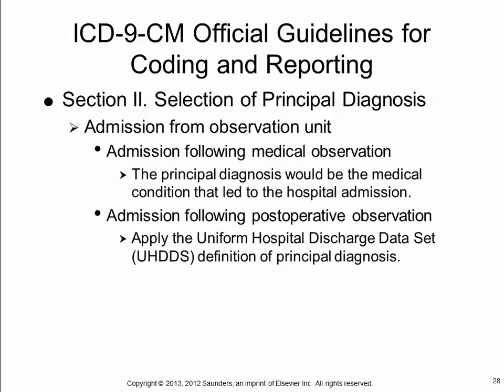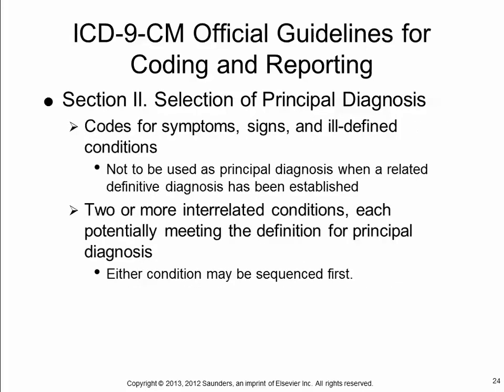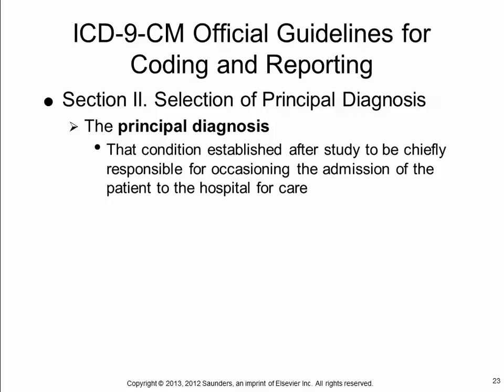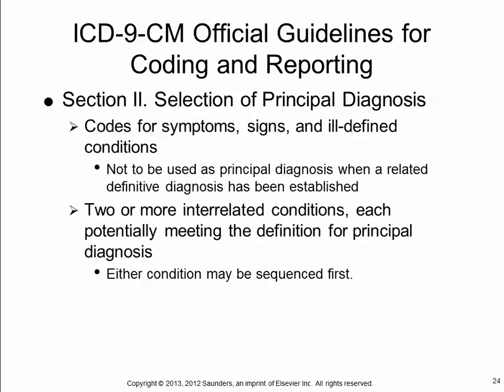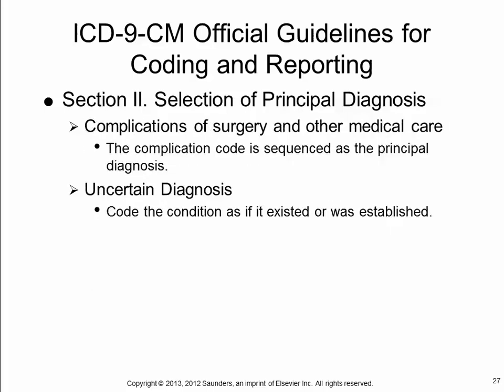So you go in for outpatient surgery, and they keep you for post-operative observation, and they decide to admit you, then we revert back to what? The condition established after study to be chiefly responsible for occasioning the admission of the patient to the hospital for care. Okay?